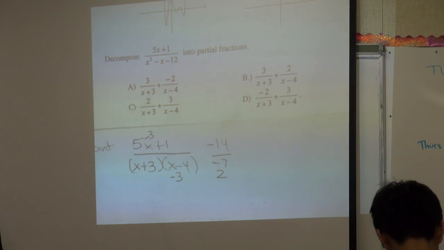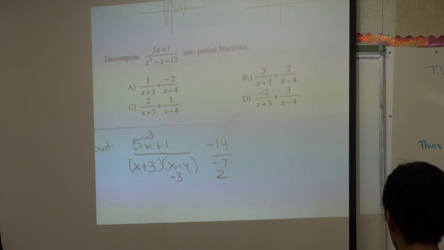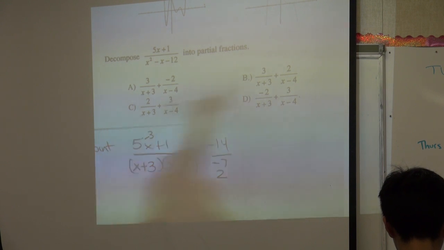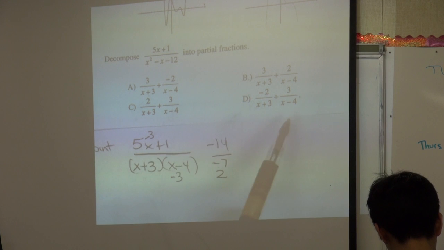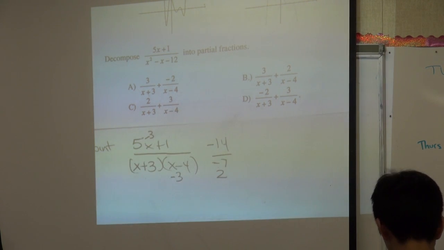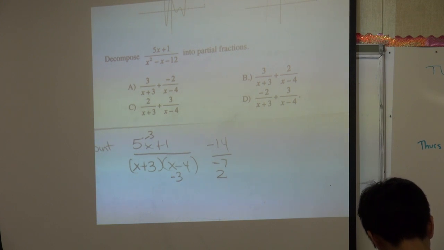If you blanked on this problem and forgot how to do it, you could always go backwards and add the fractions together yourself. But hopefully you won't forget. And 79% of you got this one right at the time of the test.